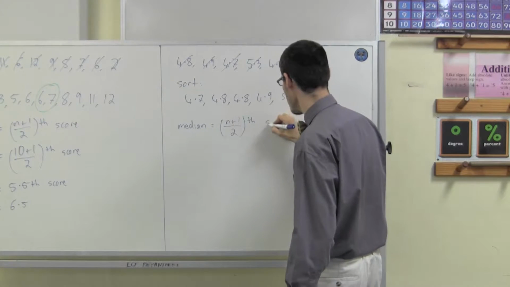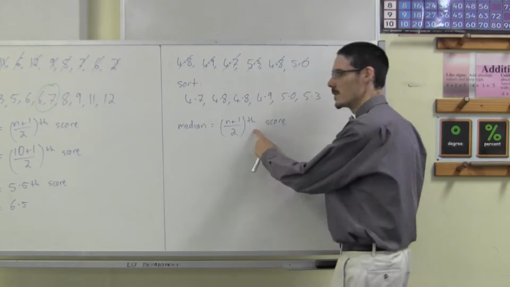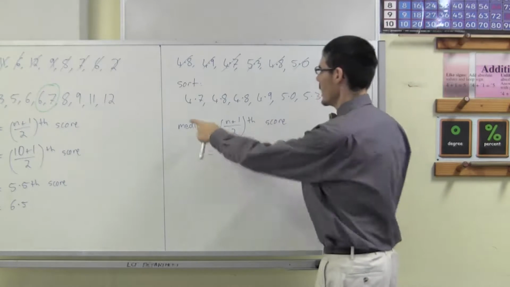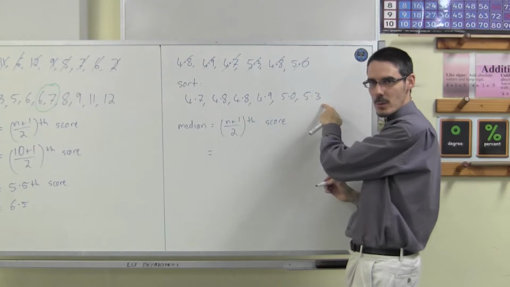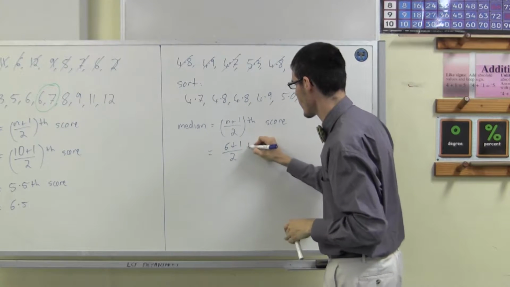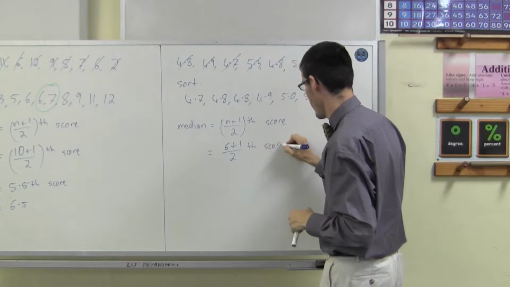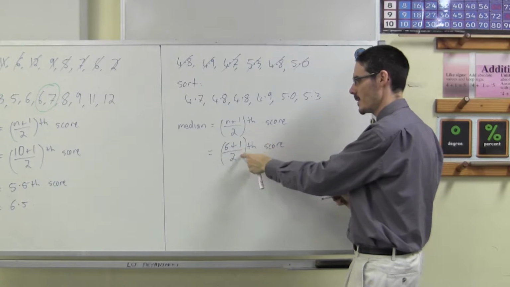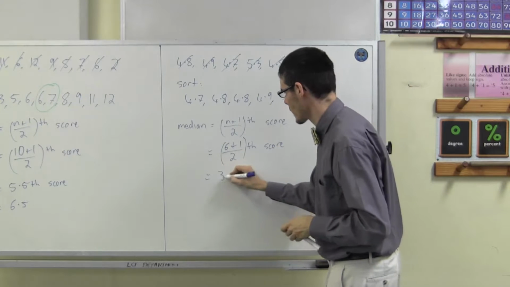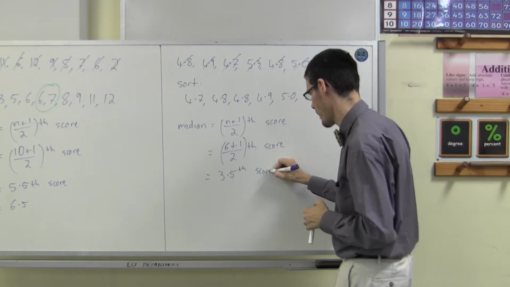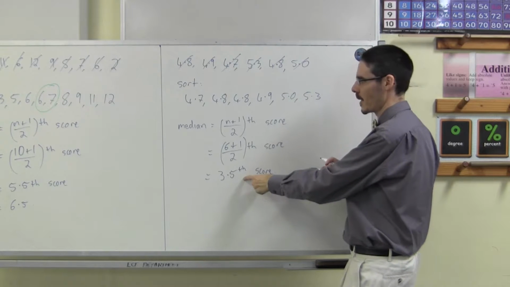The median is the (n plus 1) over 2th score. Okay, there were 6 scores, 6 plus 1 divided by 2. Okay, that's 7 divided by 2, that's the 3.5th score.